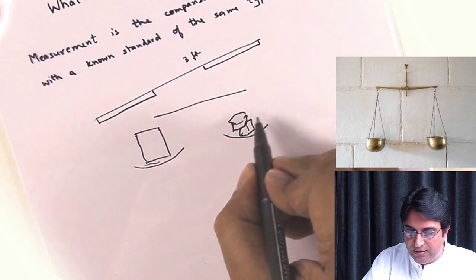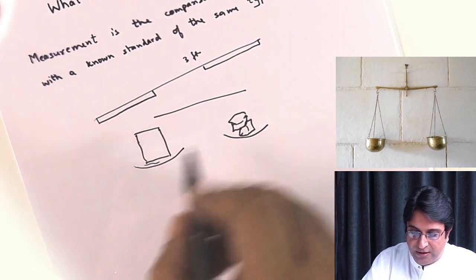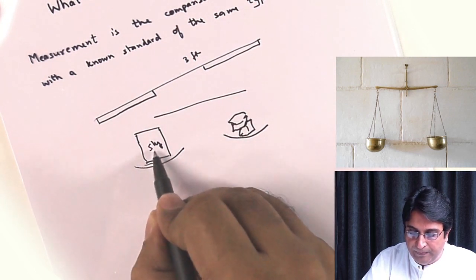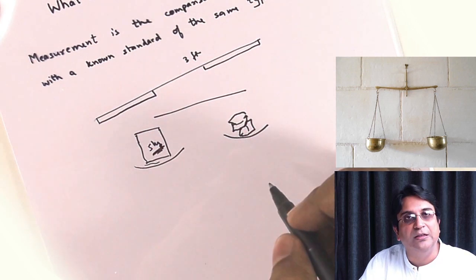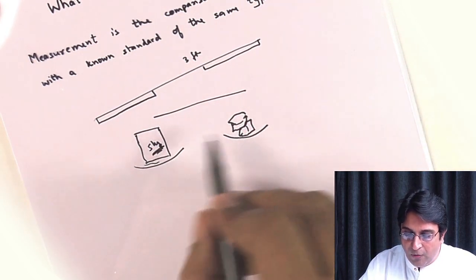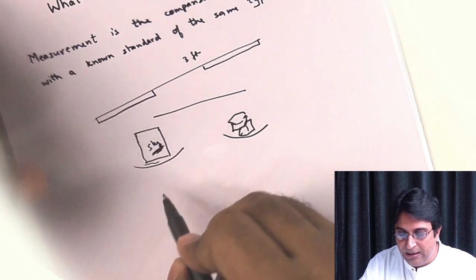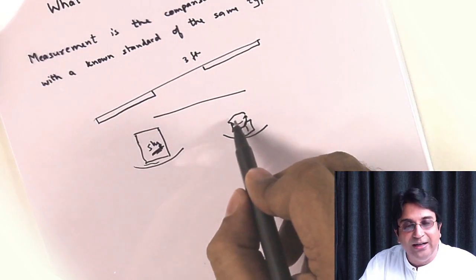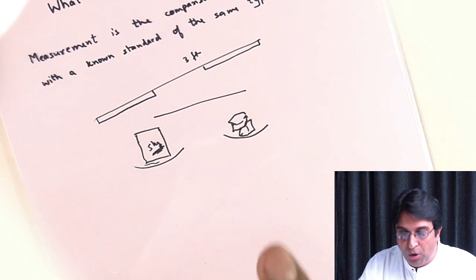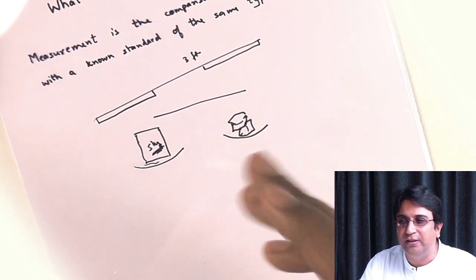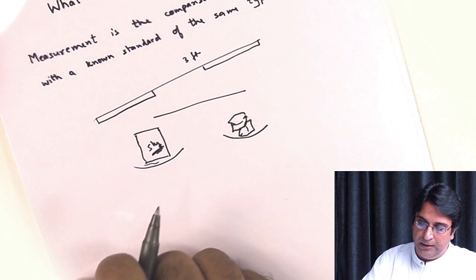Let's say 5 weights of 1 kg are here, and the 5 kg bag of wheat is on this side. Okay, so again, how are you measuring? You are comparing the weight of this bag with the weight of these standard blocks, which are 1 kg, 500 grams and so on, right?